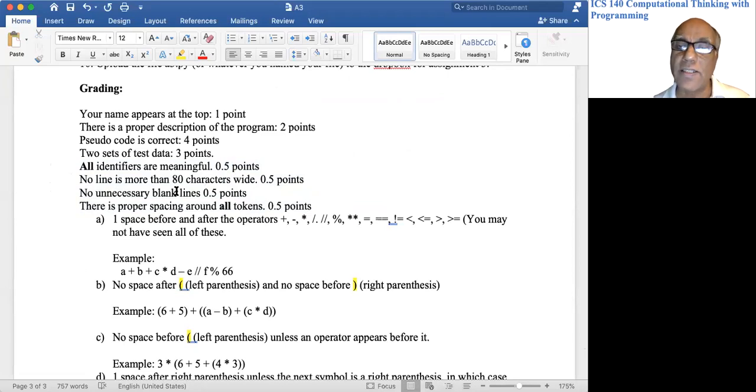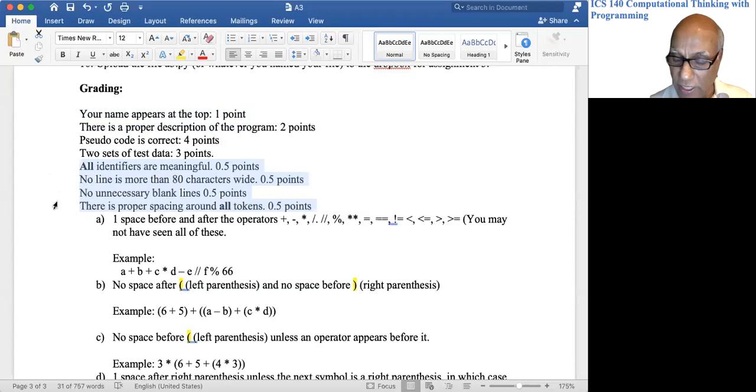If you put unnecessary blank lines, you will lose 0.5 points. And if you don't indent properly, if you don't put spacing properly, you will lose 0.5 points. So I think 5 points are easy to get. 3 points here and 2 points for these.